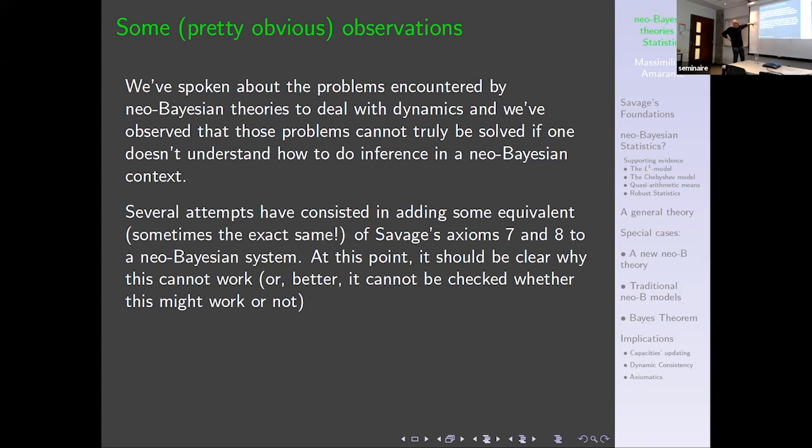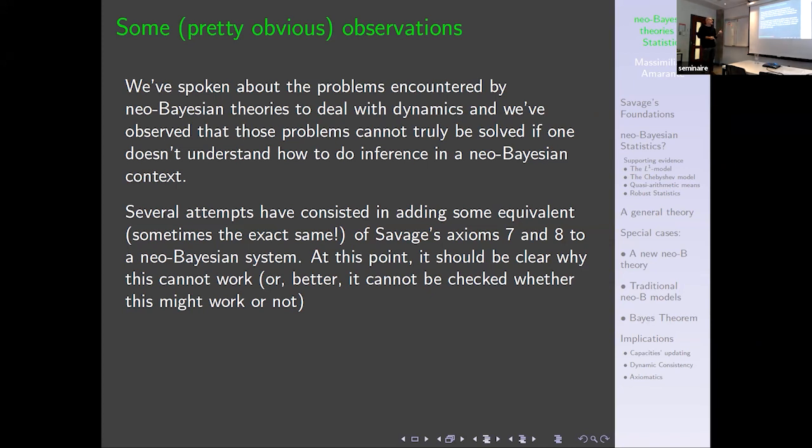What have they done? They have essentially made a non-Bayesian system parameterized by the event, by information, and then they added two more axioms, like in Savage. Sometimes they added exactly the same axioms, which should tell you that there is some basic example in this case.